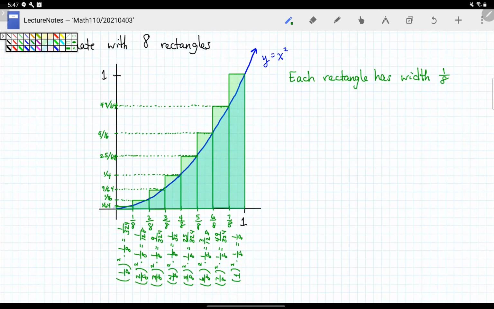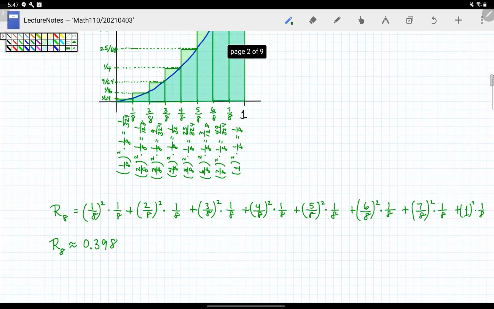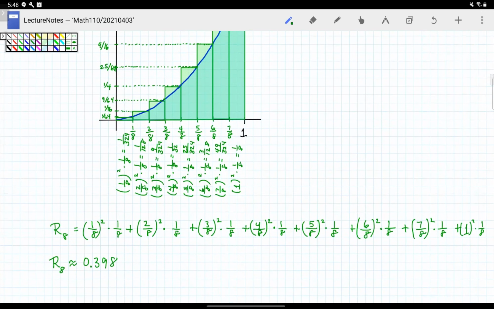So 1/8 squared is 1/64 for the first height. And then 2/8 squared is 1/16. That's the same as 1/4 squared is 1/16 for the second rectangle, and so on. Now I already added all of these up, and estimating with 8 rectangles gives us an estimate of about 0.398. Okay, so our estimate has come down in size even a little bit more.